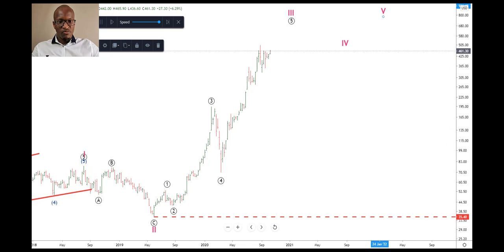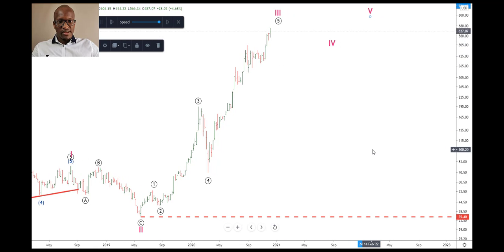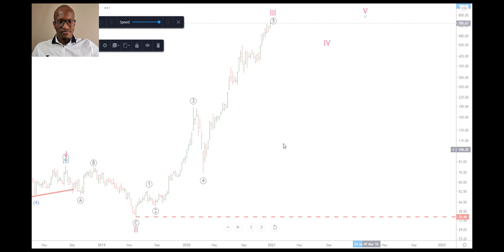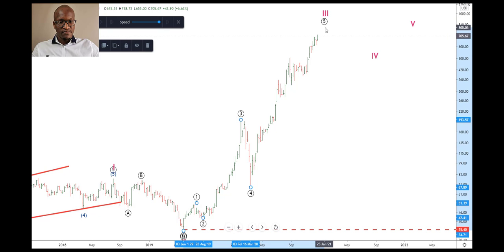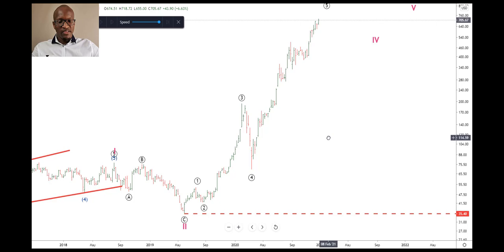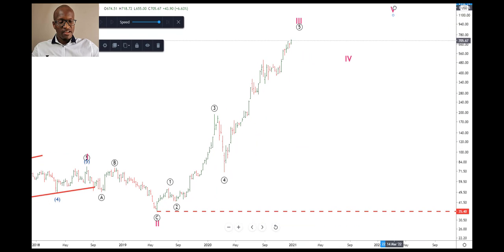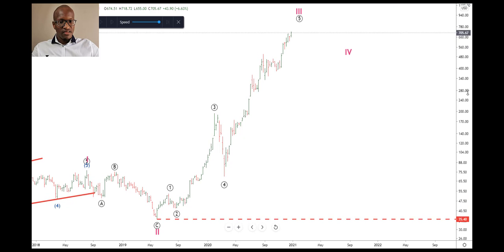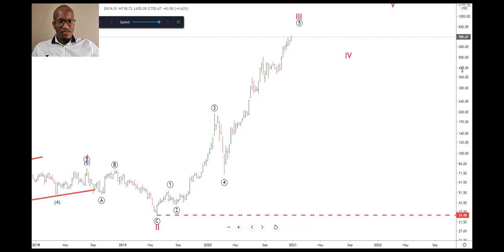Okay, let's just resume up until the most recent price action. So this is where we are as of today. This for me is a clear 5-wave advance: wave 1, wave 2, wave 3, wave 4, and wave 5.